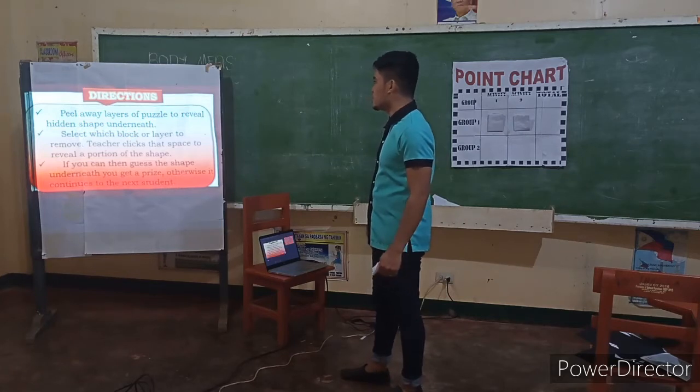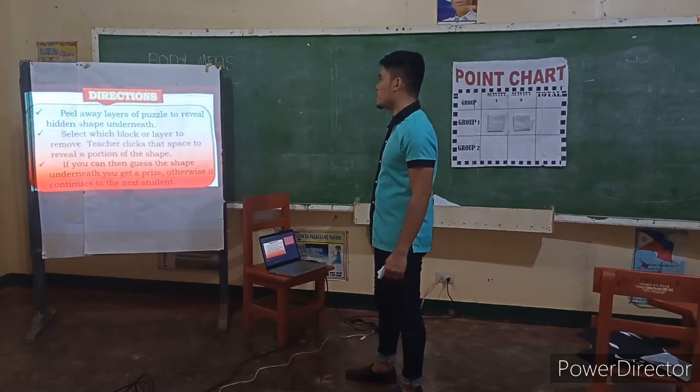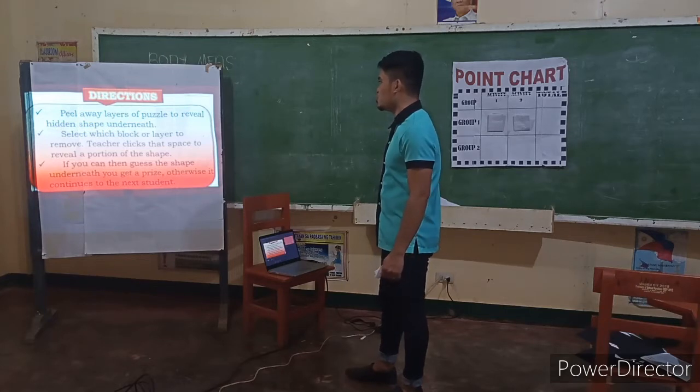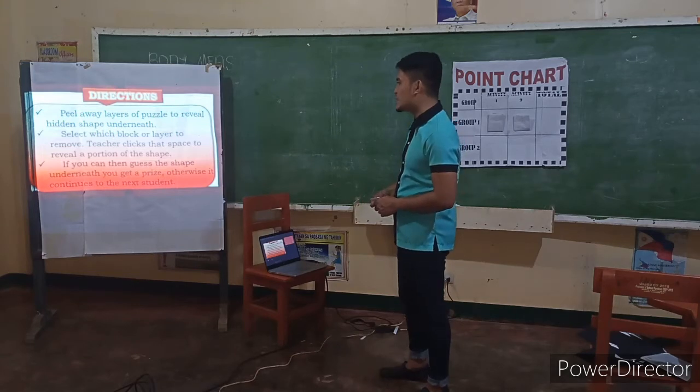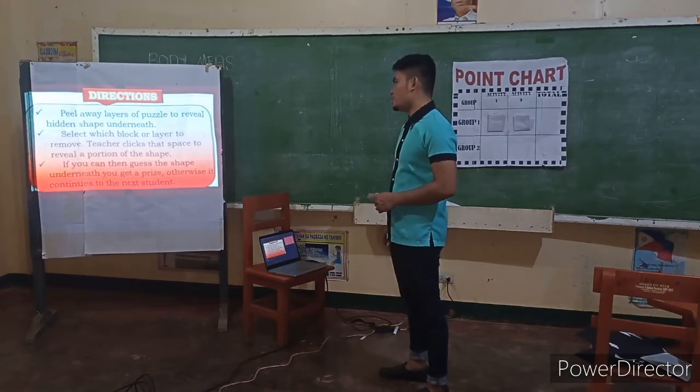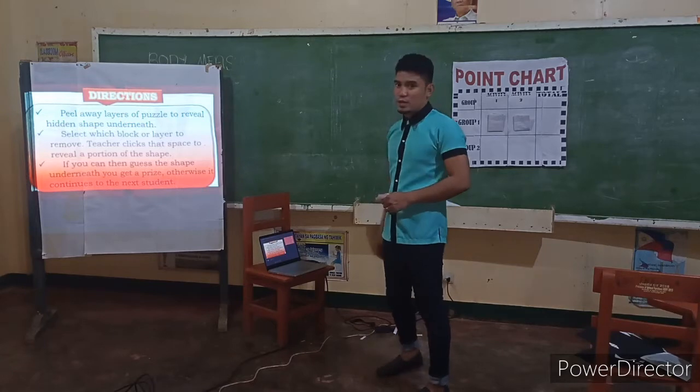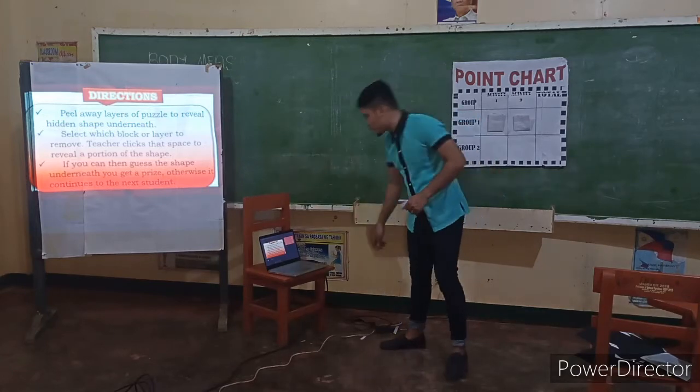Peel away the layers of the puzzle to reveal the hidden shape underneath. Select which block or layer to remove. The teacher clicks the shape to reveal a portion of it. Last, if you can guess the shape underneath, you get the prize. Otherwise, it continues to the other students. Okay, is it clear?